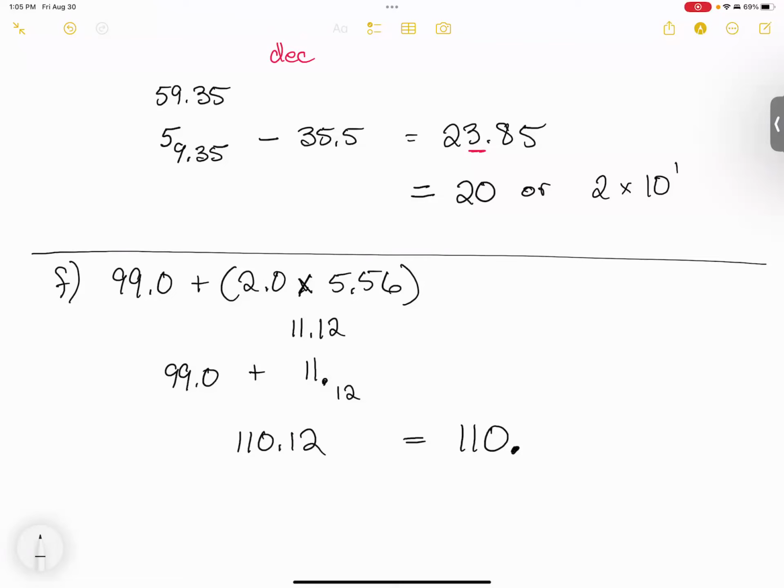So, small thing, this is the difference between all of them. You understand that, right?